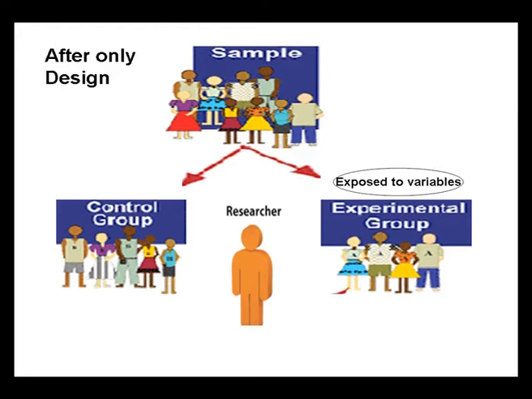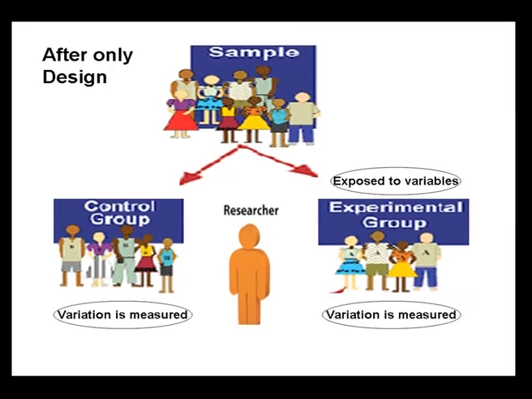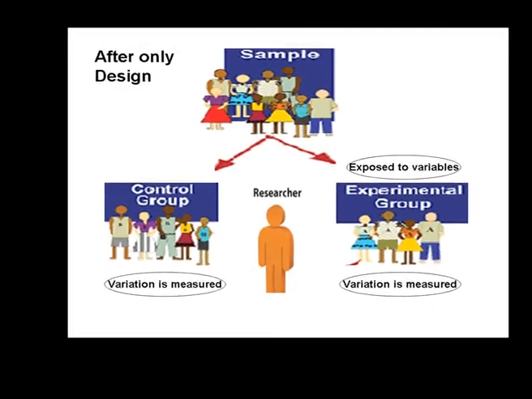The control group is not exposed to it. Both the groups are measured after the experimental variable is introduced on the experimental group only. The variation found or not found on the experimental group will determine the relationship between the two variables, either as positive or as negative.